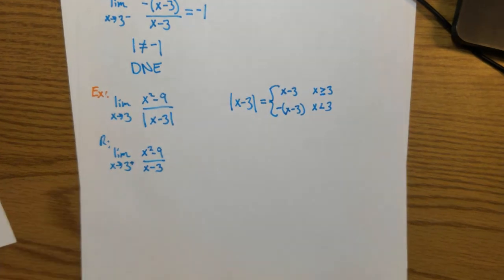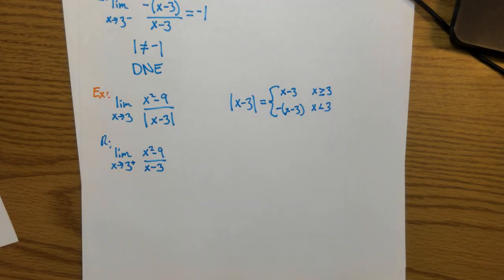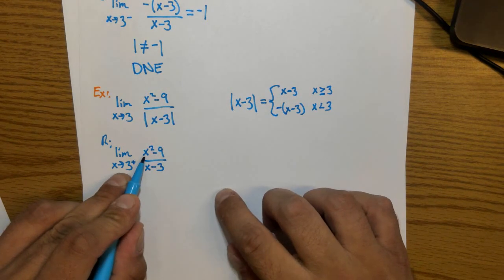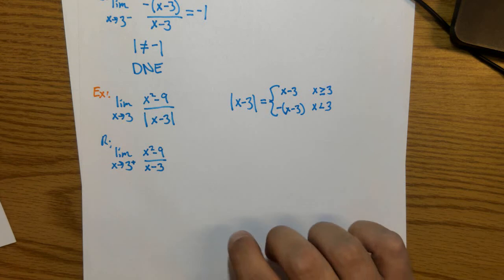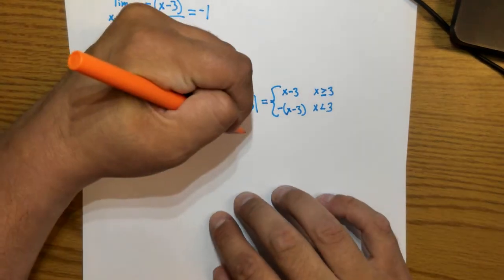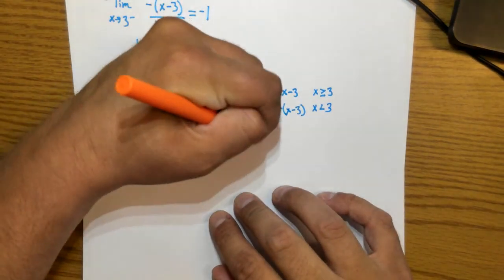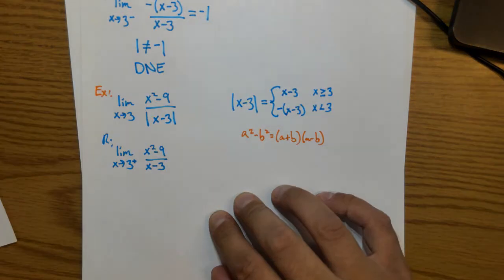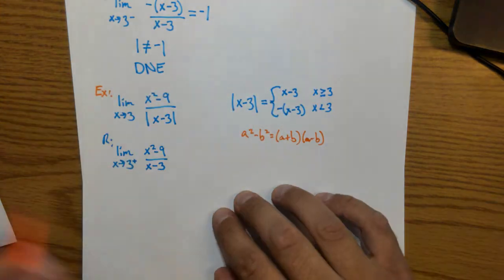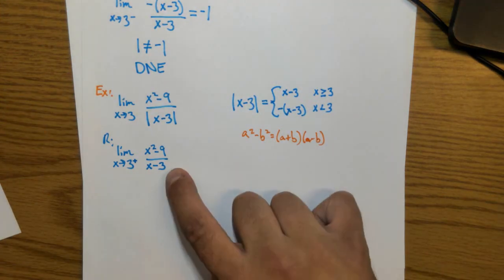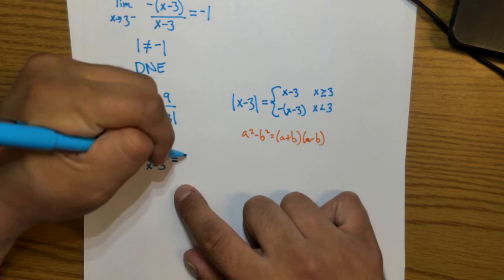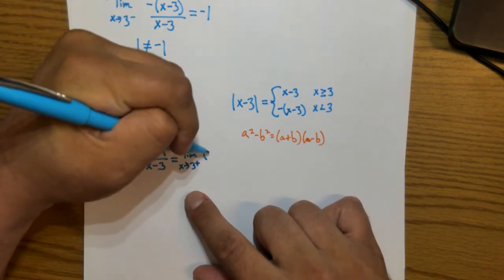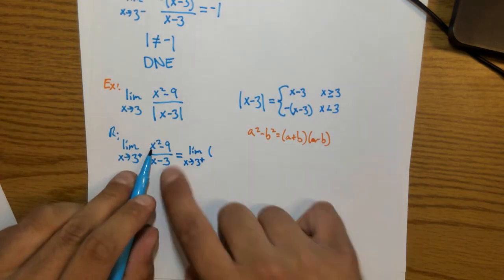But this on the top should start looking familiar to you. This is a difference of squares. We have a square subtracted from another square. So remember this idea that, I'm just going to write this over here, a squared minus b squared can be written as (a plus b) times (a minus b). So let's go ahead and rewrite this. This is the limit as x approaches 3 from the right of, this is going to be the square root of each, which is going to be x and 3.